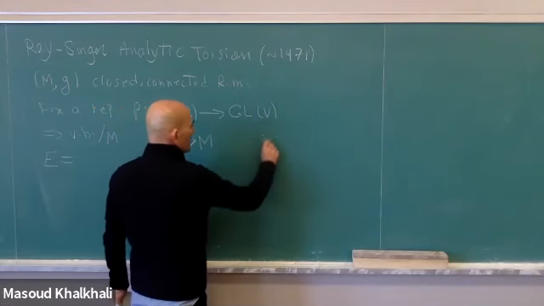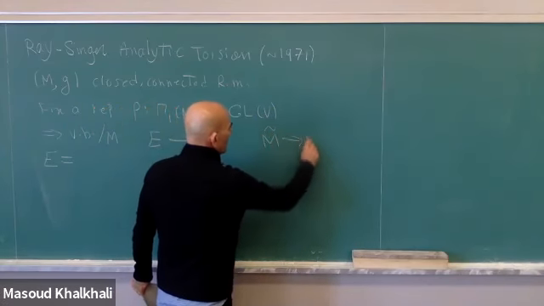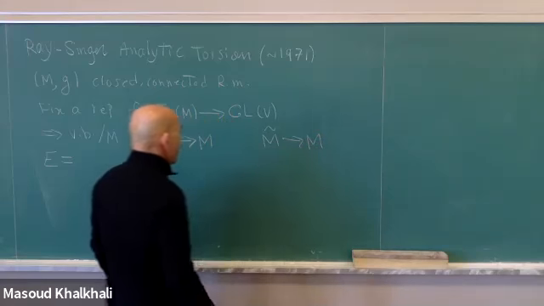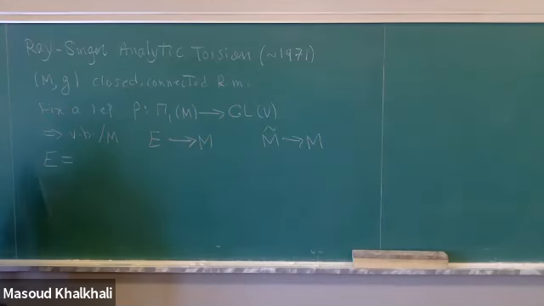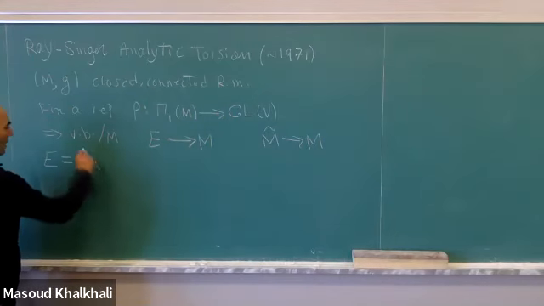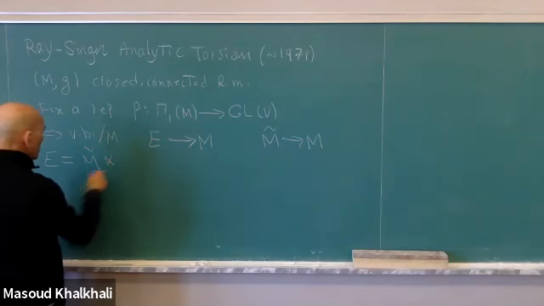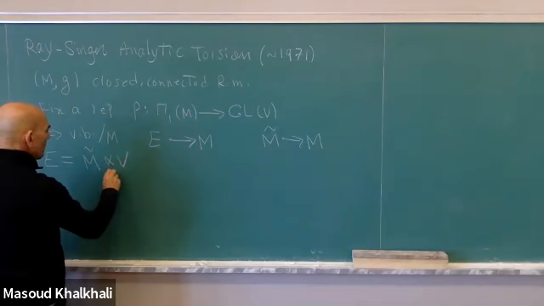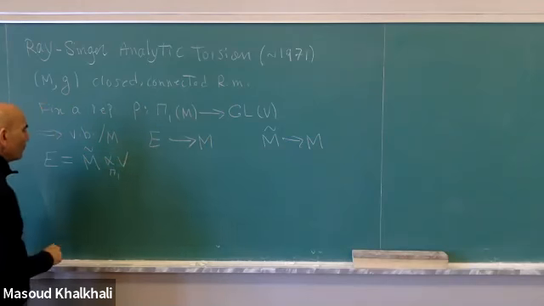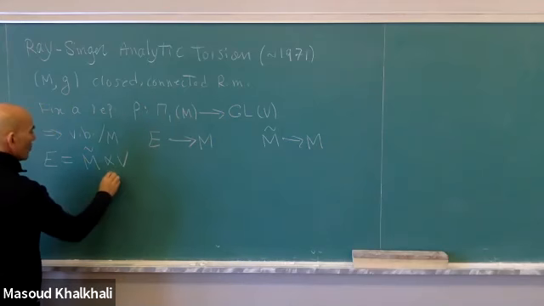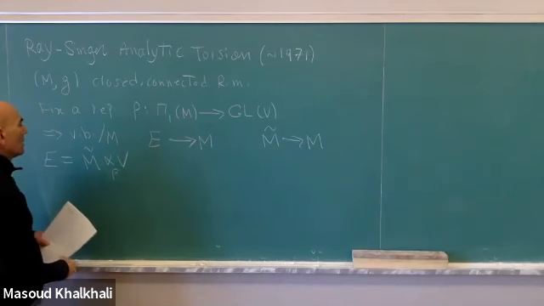Imagine you have the universal cover M tilde of M. Then you can take M tilde cross V with respect to the action of pi1, or rho, if you want.